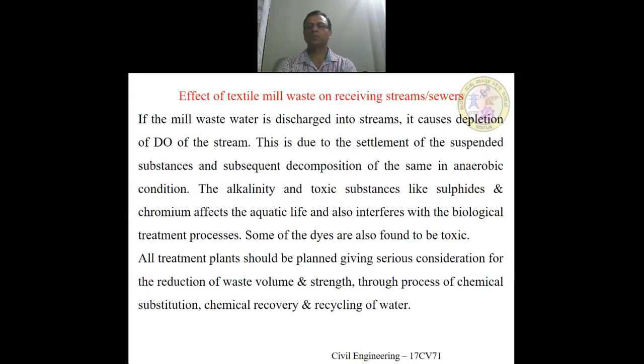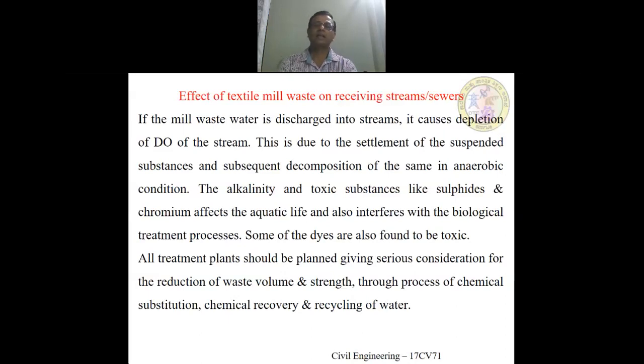As you know, when BOD is more, DO is less, so there is a chance of a toxic zone being formed at the point of disposal. This is due to the settlement of suspended substances and their subsequent decomposition in anaerobic condition. In anaerobic condition there is no oxygen, and the microorganisms produce methane and hydrogen sulfide.